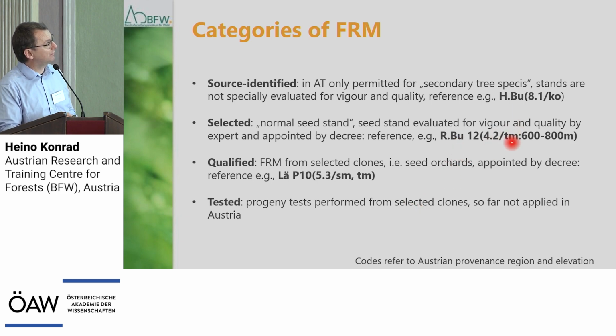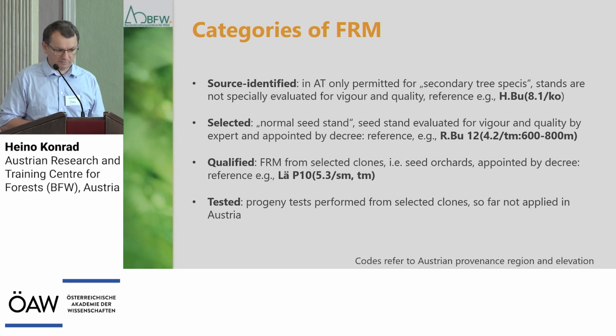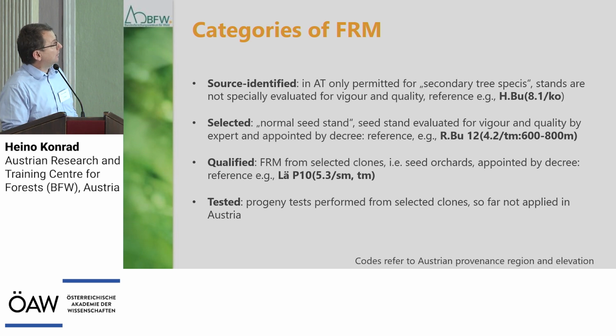And this is then shown in the reference code. Sorry, I should have explained also here. So you have a reference code which denotes the species, the number of the stand, and then the provenance region and the elevational belt from which it was collected. The next higher category is qualified.